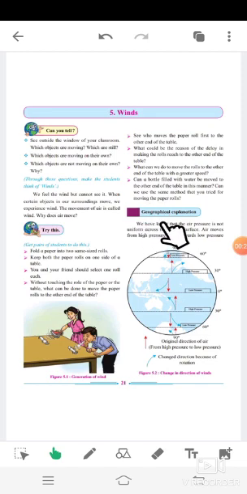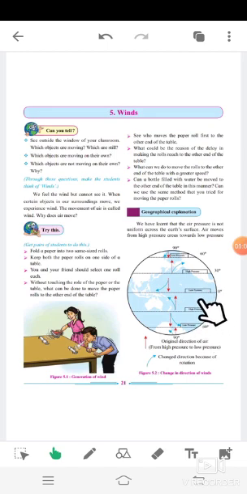Now, geographical explanation. We have learned that the air pressure is not uniform across the Earth's surface. Air moves from high pressure areas toward low pressure areas. Now you can see the diagram 5.2, change in direction of winds.